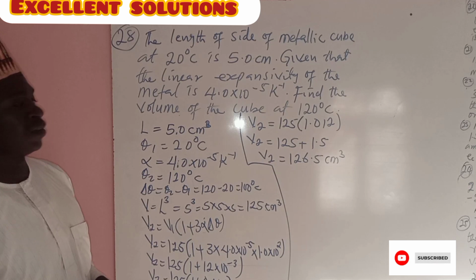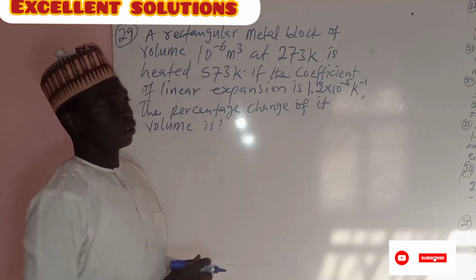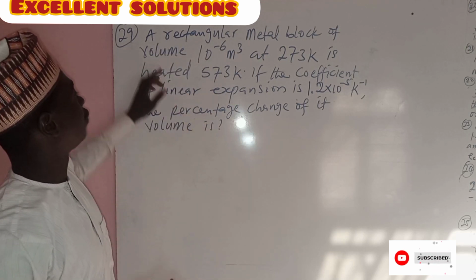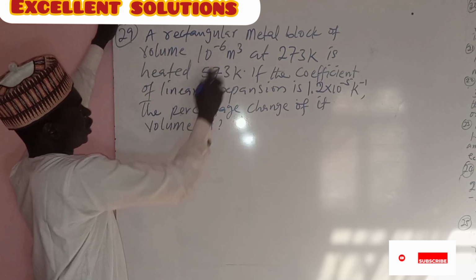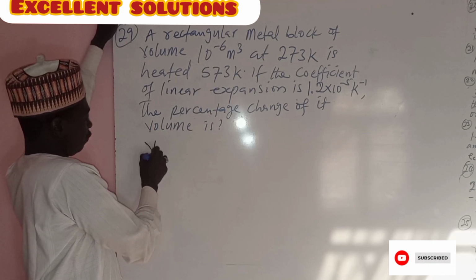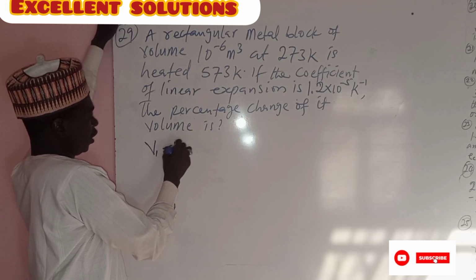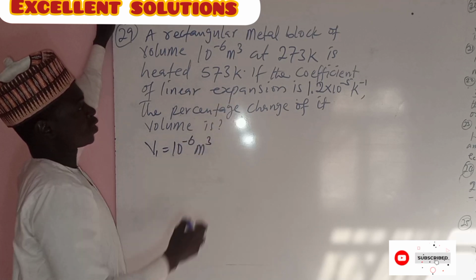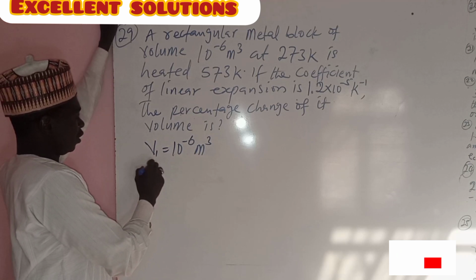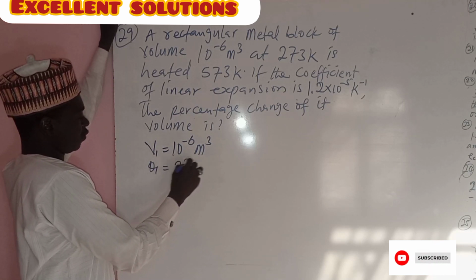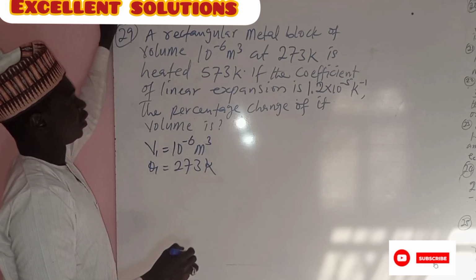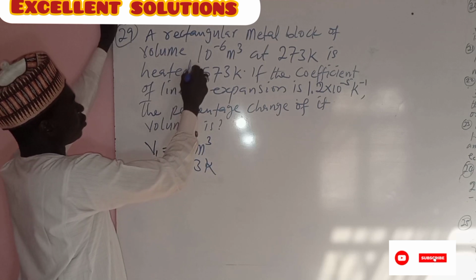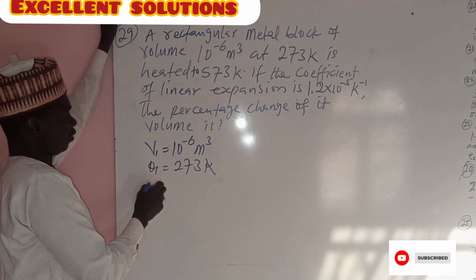The answer is A. The next question is question 29, and this question says a rectangular metal block of volume 10 exponential minus 6. So our V1 equals 10 exponential minus 6 meter cube. At 273 Kelvin, theta 1 equals 273 Kelvin, is heated to 573 Kelvin.